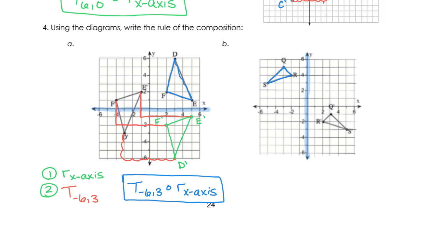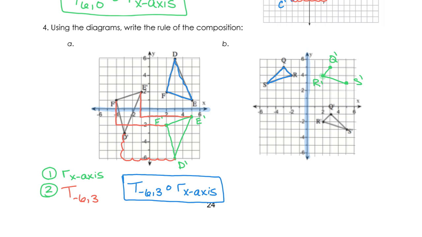So I'm going to go ahead and flip my triangle over the y-axis and see what it looks like. Okay. So this will be where R prime is. Q prime would be here. And S prime, 1, 2, 3, 4, 5, would be here.